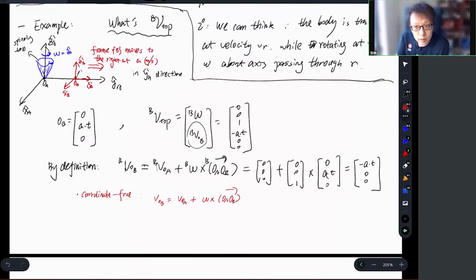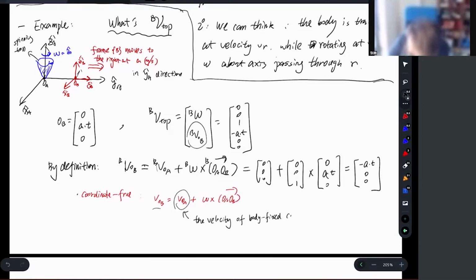That's the same formula we reviewed, or even derived, for parameterization of any body-fixed point. By definition, this V_OA is the velocity of the body-fixed point coinciding with OA. Let me repeat that: coinciding with OA.